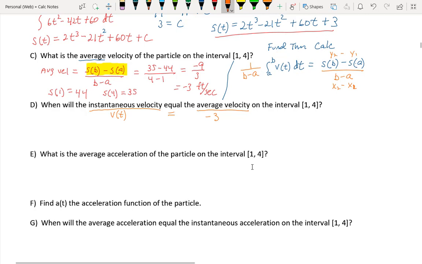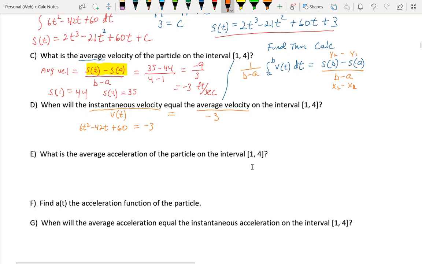We want to know when the instantaneous equals the average. The instantaneous velocity is our velocity function that we started with, that's 6t squared minus 42t plus 60. When's that going to equal the average velocity? So what time are those two equal to each other?